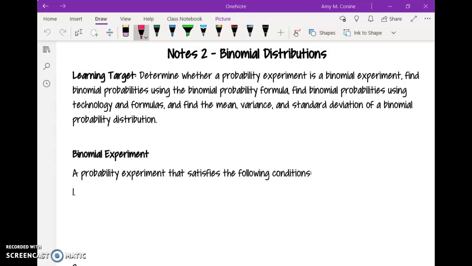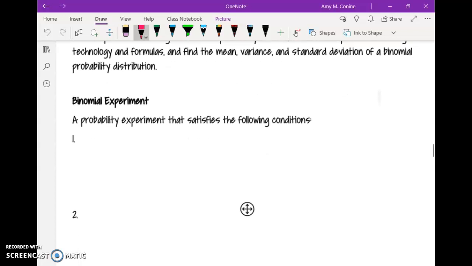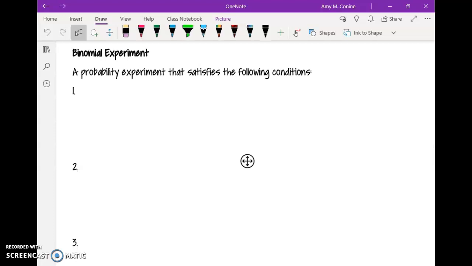All right, so notes 2 for chapter 4, binomial distributions. A binomial experiment is a probability experiment that satisfies the following conditions.